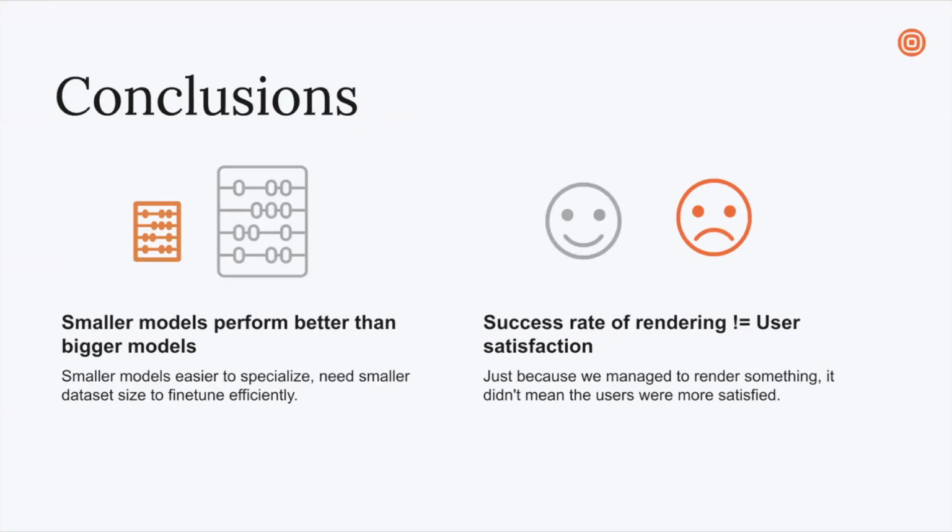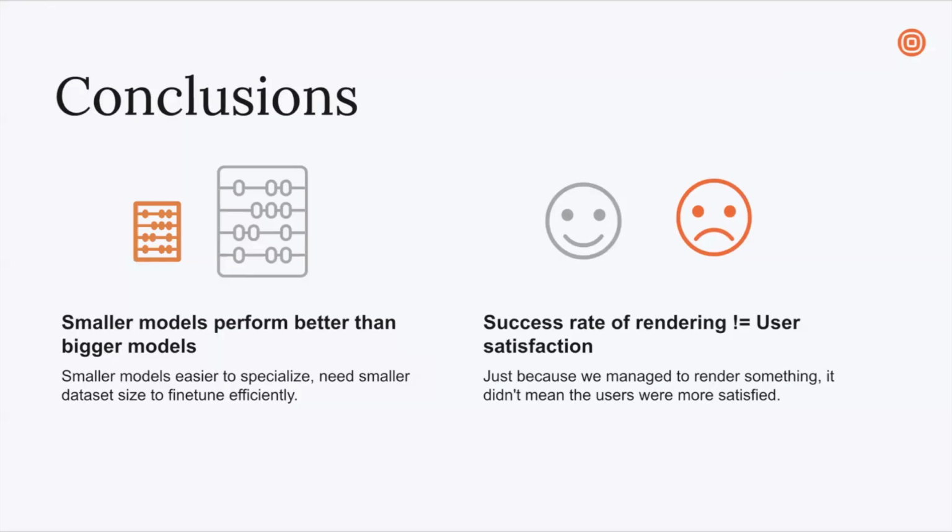In conclusion, small models do perform better. They're easier to fine-tune, they're less expensive, and they're easier to specialize. But just because you have a really fine-tuned model does not mean that you know your users. We did not know how the users were using our platform.